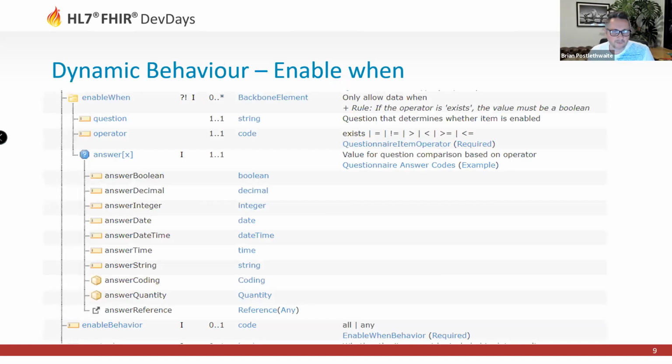So we sort of talked a little bit about the basic data side of things. So when we move up to get some more dynamic behaviours, the most common thing that we sort of see is how do we enable and disable questions.